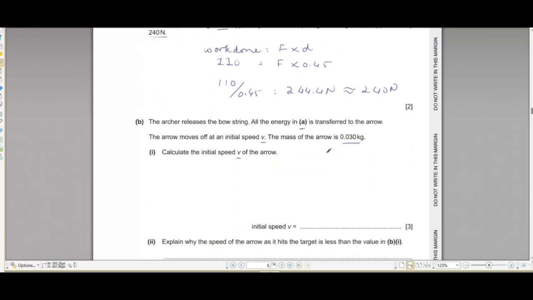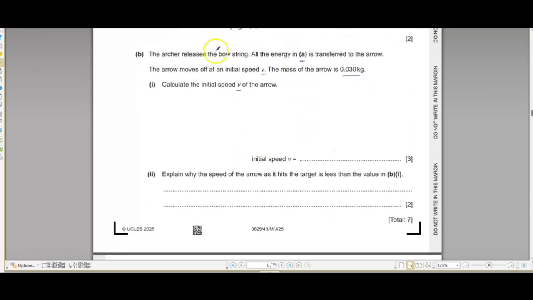Now the energy is transferred to the arrow, so that means kinetic energy is equal to half mv squared. We've got to use this formula. So 110 was the energy, half mv squared.